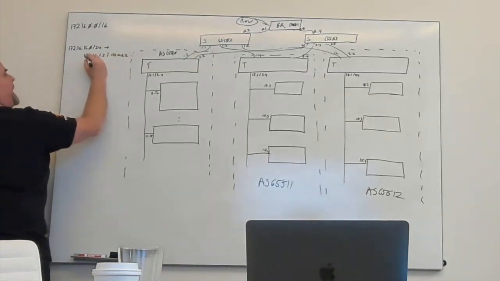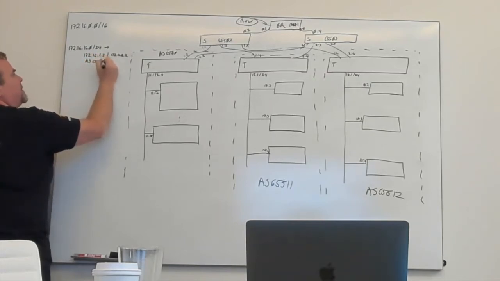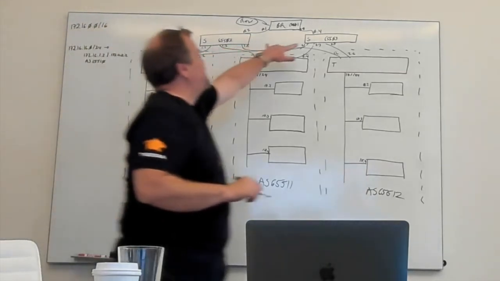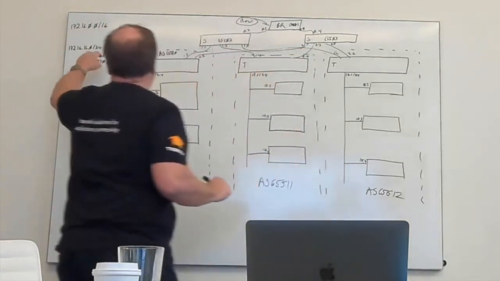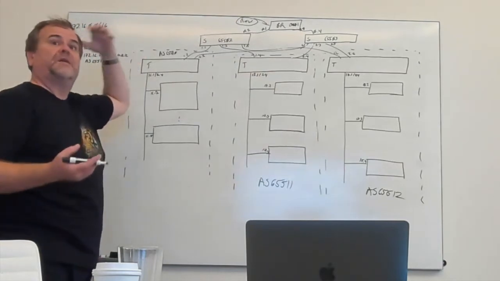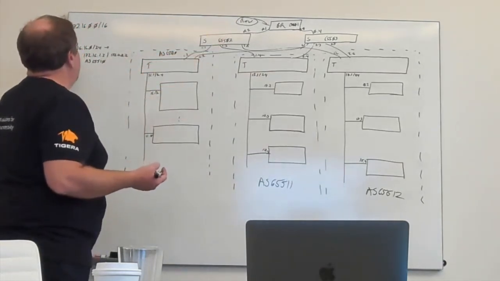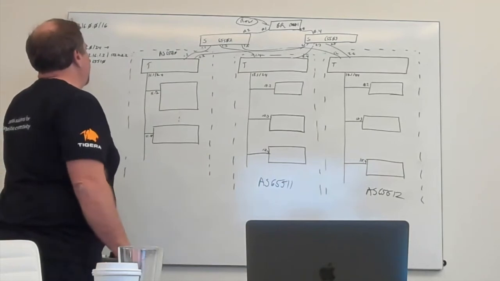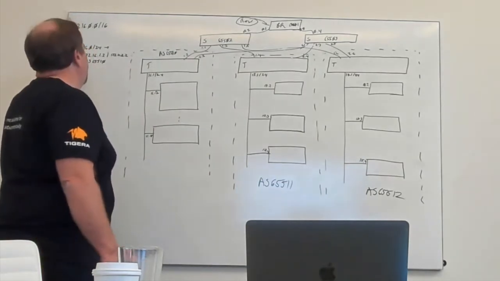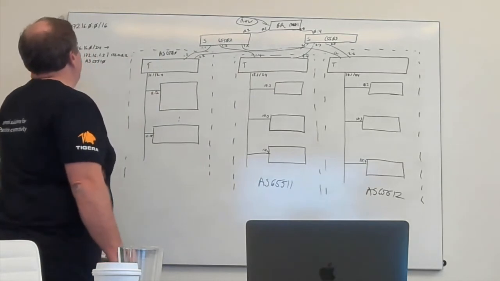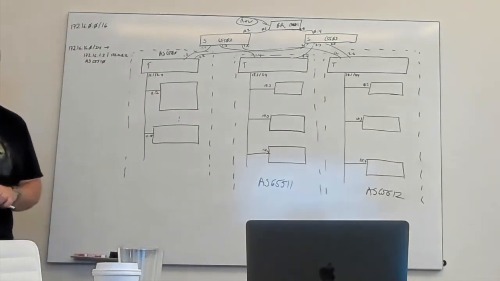And its AS path is AS 65510. So at this point, these two switches know they use either 1.2 or 2.2, depending on which one we're talking about, to get to AS 65510. And they know that AS 65510 encloses 172.16.16.0/24.